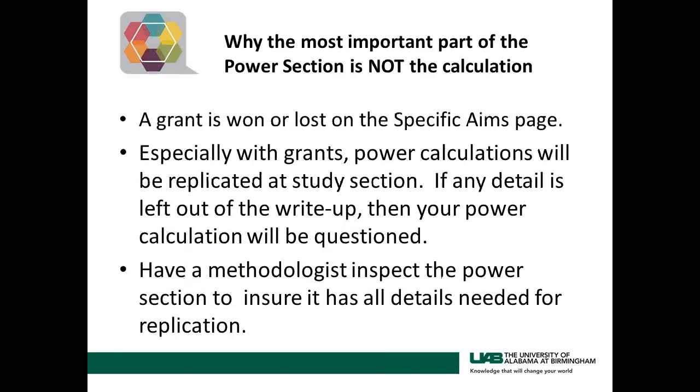All right? Okay, again, why it's not the most important piece. Understand, the calculation itself is not the most important piece. The most important piece is giving the details to allow the replication. Okay, a grant is won or lost on its specific aims. Please never forget that. I'll tell you again.